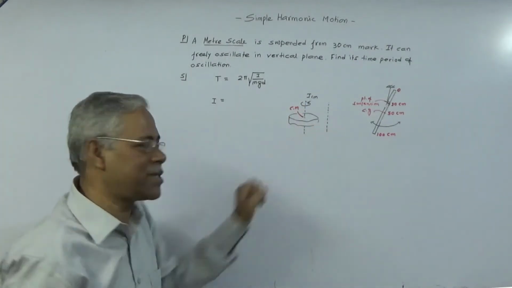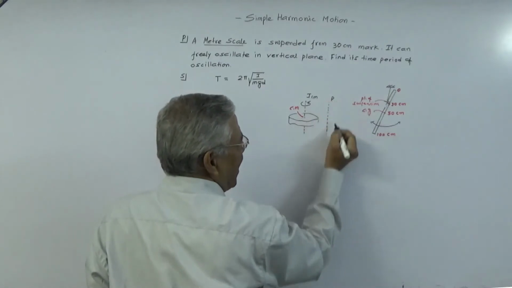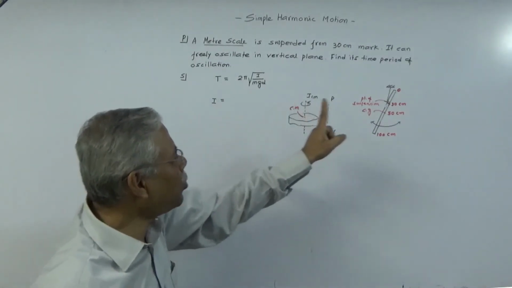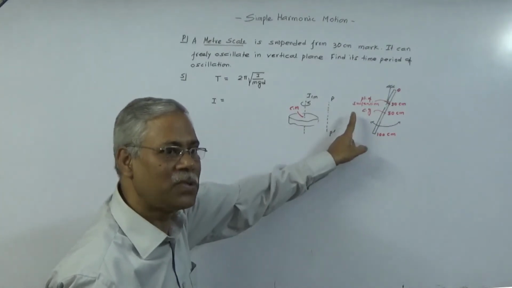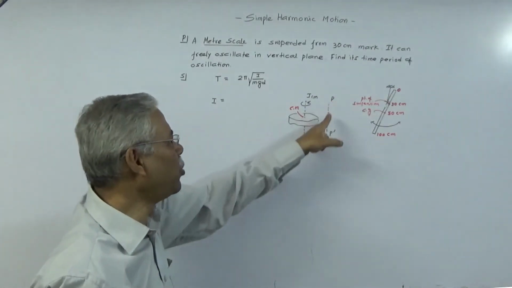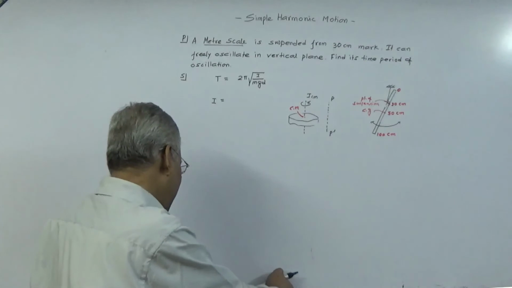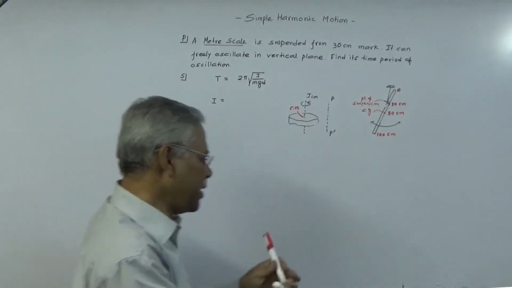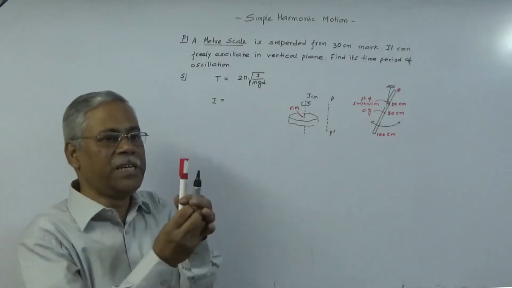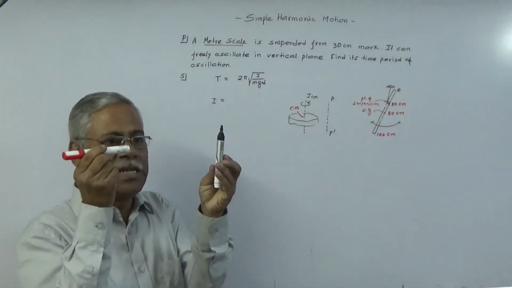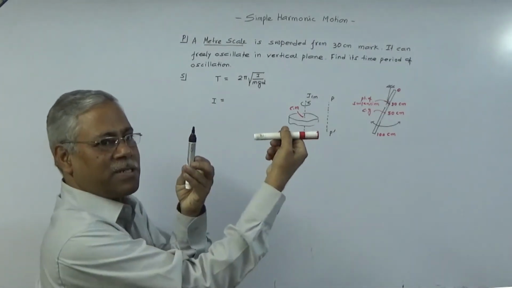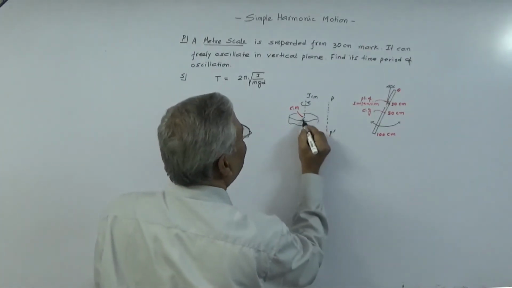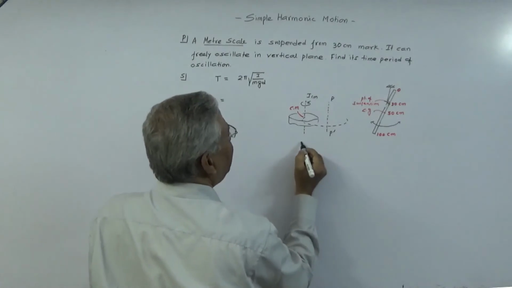This is the parallel axis, called PP dash. When the body rotates about this axis outside the body, that is I PP dash, for rotation about this axis.